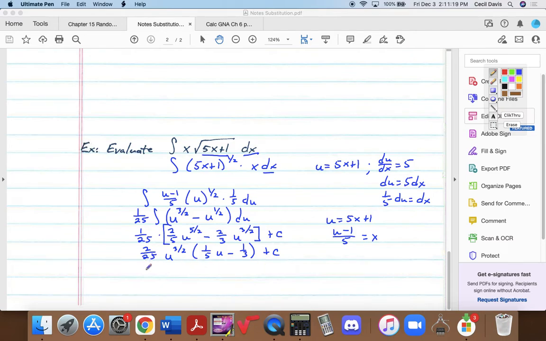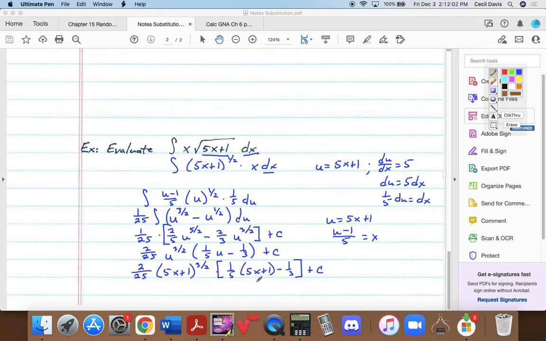And then, of course, put everything back to x's. So that's 2/25 of 5x plus 1 to the 3/2 power. They might, because it was given as a radical, change that to 5x plus 1 cubed, take the square root of all of that, then times 1/5 of 5x plus 1 minus 1/3 plus c.